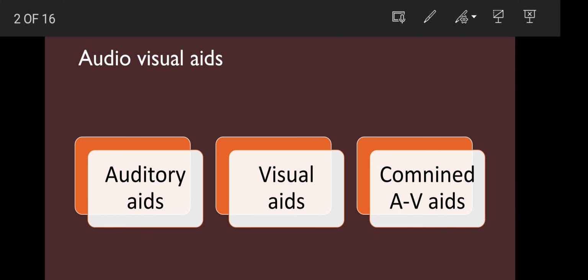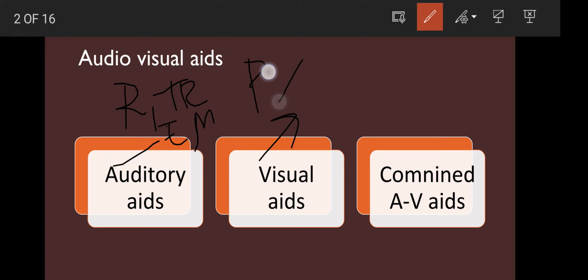Let us summarize the audio visual aids, guys. What all did we have? We had auditory aids. Under auditory aids, radio, tape recorder, earphone, microphones. And then visual aids, those which do not require projection and certain which require projection. Those which do not require projection include the chalkboard, charts, posters, and flannel graphs.